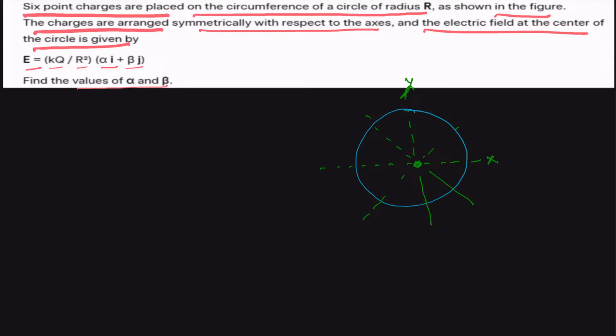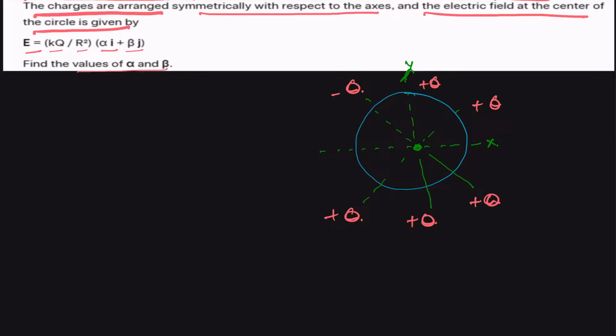So charges are here plus q, minus q, and here it is plus q. This is also plus q and this is also plus q. Everything is symmetrical, the radius distance is the same. Therefore, let us call these A, B, C, D, E and F.